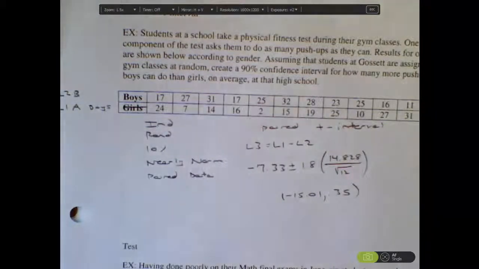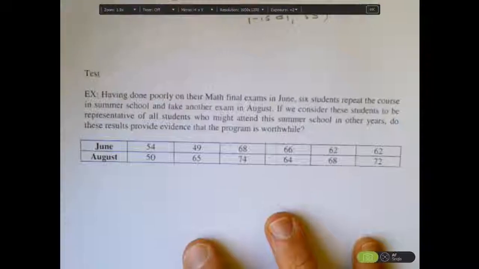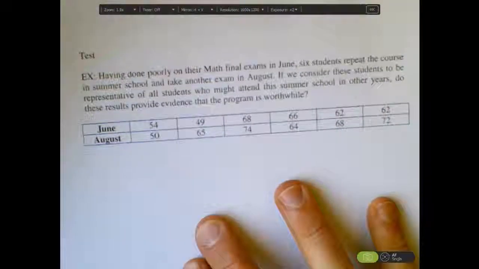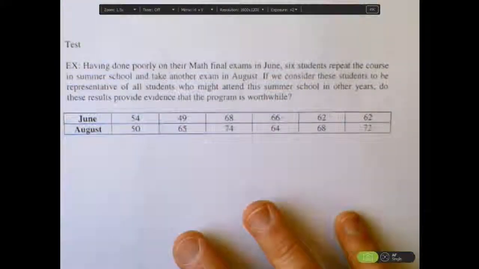So that's a paired t interval. For the paired t test, okay, we have students taking an exam in June and then again in August.